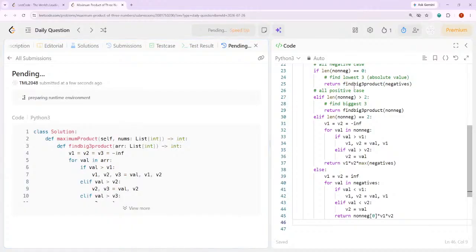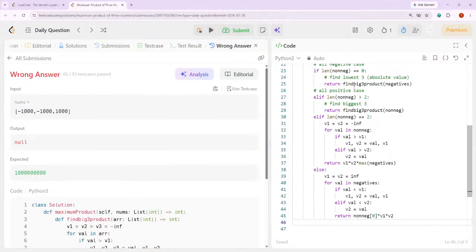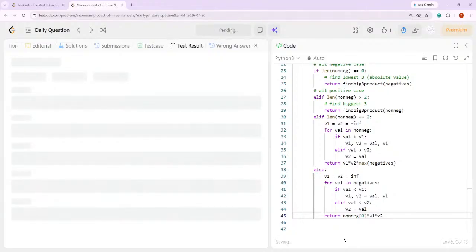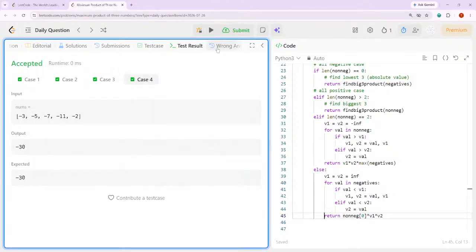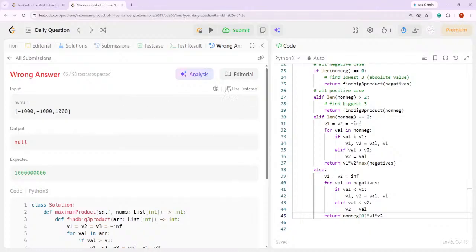I don't feel great about this code at all. Oh, wait, what? So this is the last case here. Oh, whoops, I put the return in the wrong indentation. That's pretty boneheaded.